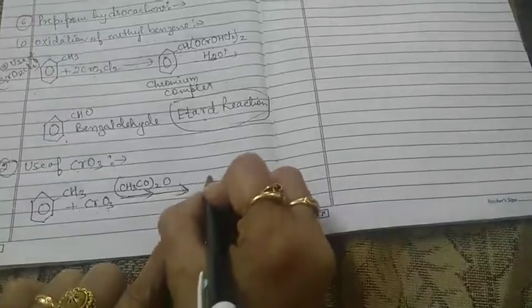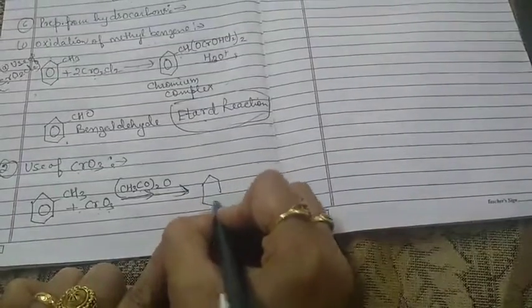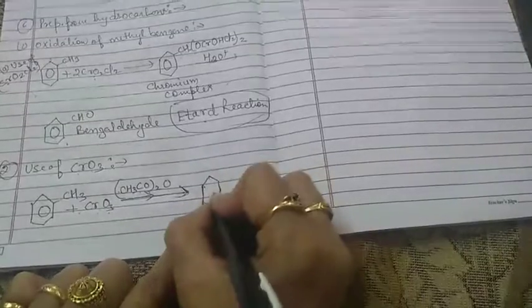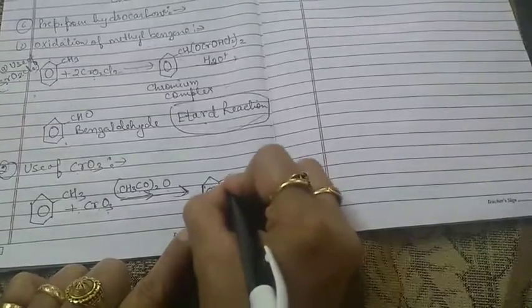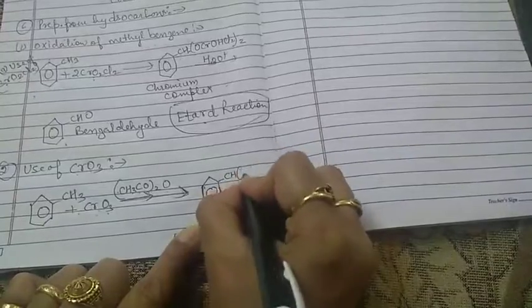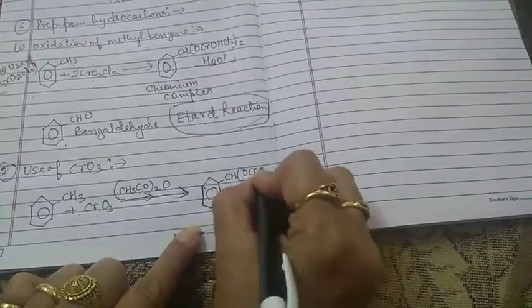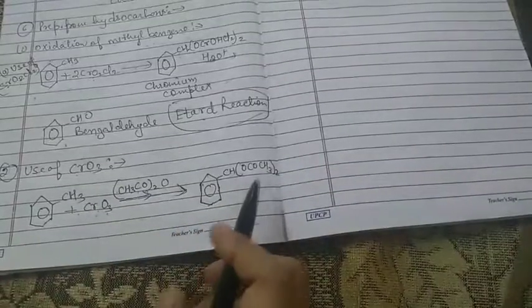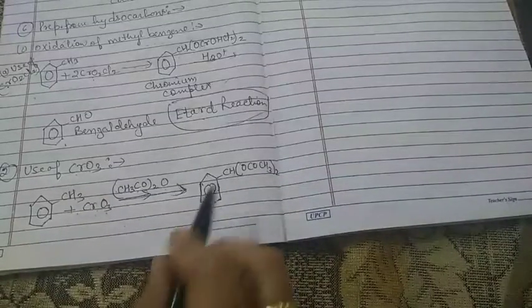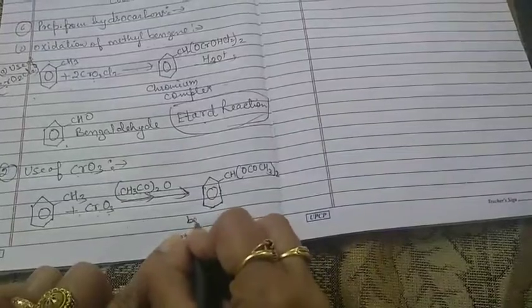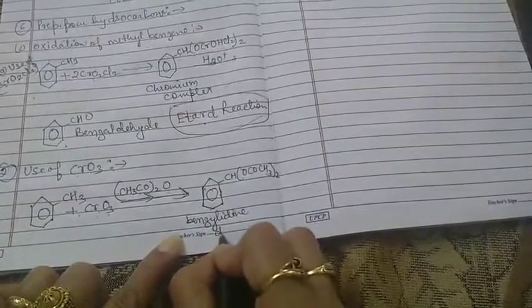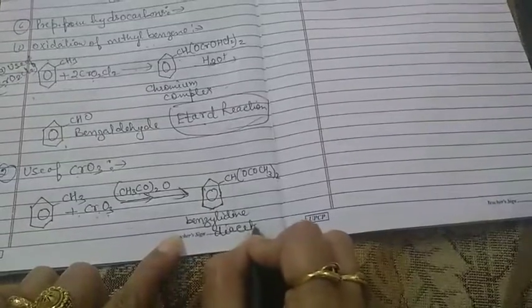Now the formula for the benzylidene diacetate is here. This is the benzene ring. So the formula is CH(OCOCH3)2. The formula is the same, only the rearrangement takes place here. This is called benzylidene diacetate.